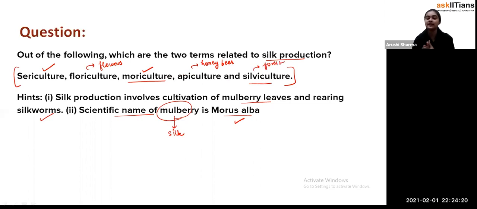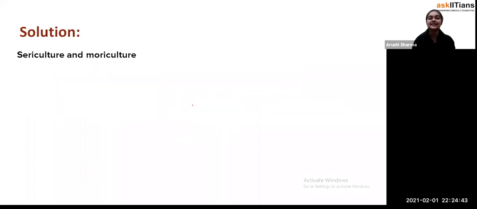So among all of these cultures, sericulture and moriculture are the terms related to silk production. That is why they gave you the hint that silk production involves the cultivation of mulberry leaves and the rearing of silkworm, and the scientific name of mulberry is Morus alba. Moriculture comes from there. So the answer is sericulture and moriculture.